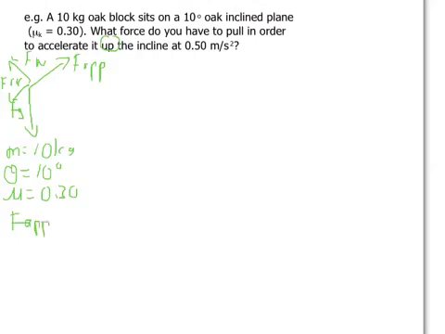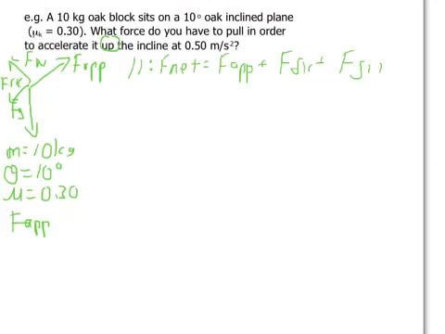Now, as the applied force, you can see clearly it's acting in the parallel direction. So let's first look at the parallel direction. Our net force in the parallel direction is the applied force plus the force of kinetic friction plus the force of gravity in the parallel direction. We can replace F net with ma, the applied force.